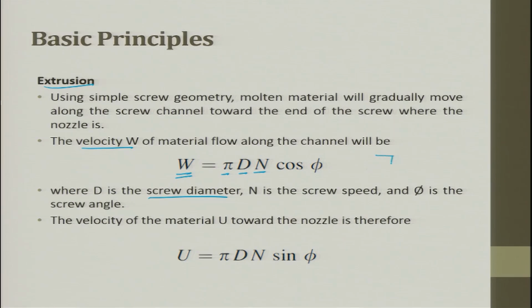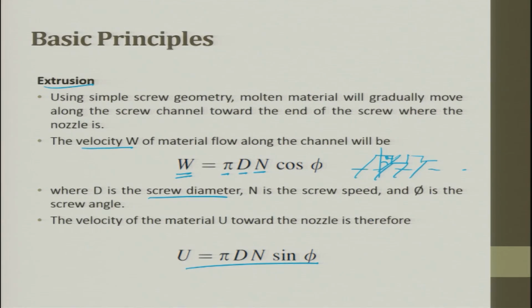For example, you have a screw, and this is the screw angle we are talking about. The velocity of the material U towards the nozzle is therefore given by this, and this is the velocity W of the material flow along the channel. These two velocities are different. W is the material flow along the channel, and U is the velocity of the material towards the nozzle.